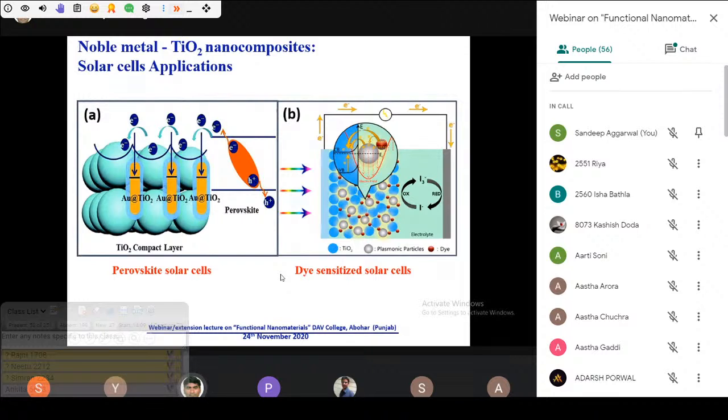Silicon-based solar cells, I already showed you, but there only silicon material is used. And here I wanted to say that these noble metal or TiO2-based composite materials are also being used in solar cells. So that was only one example for the silicon-based solar cell. These are the other solar cells where these materials are used.